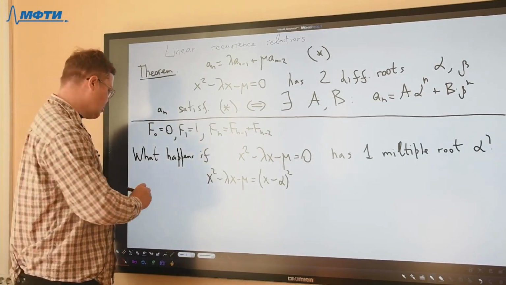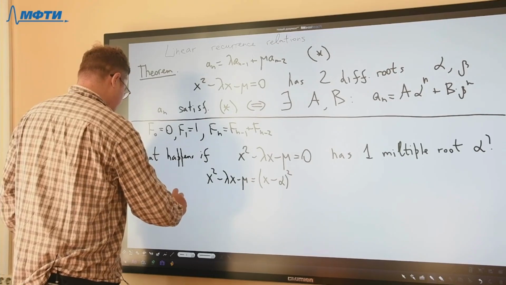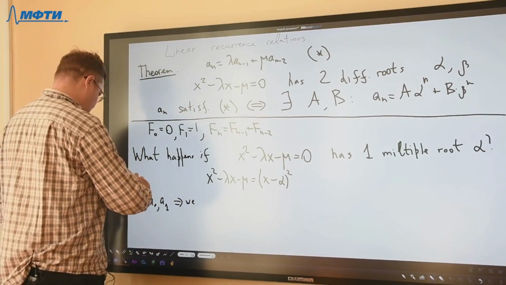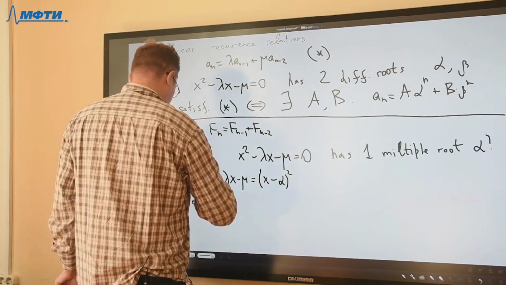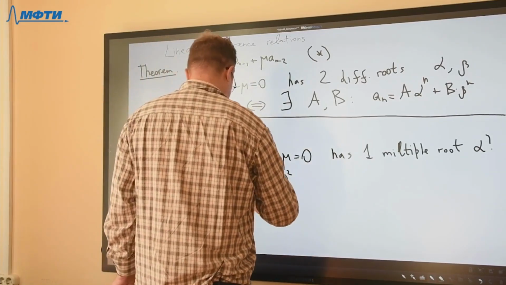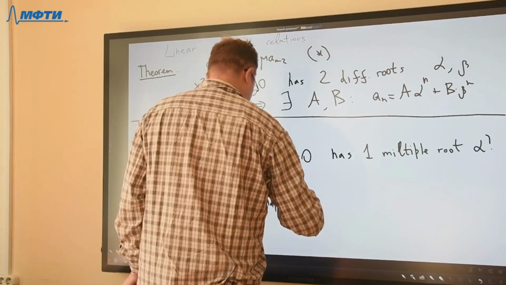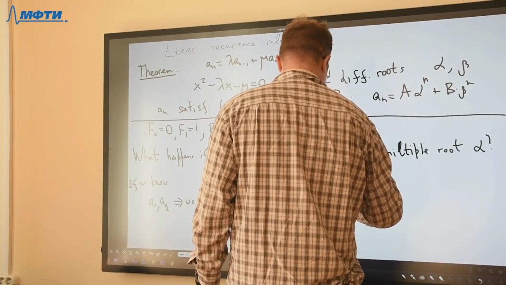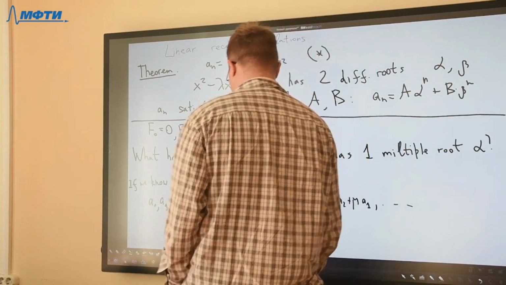So if we know a0 and a1, then we can find a2 as lambda a1 plus mu a0, a3 as lambda a2 plus mu a1, and so on.